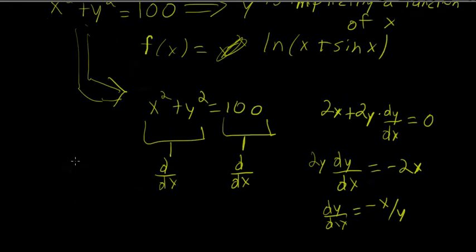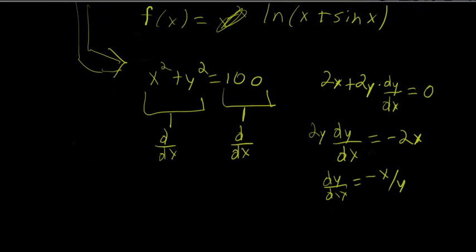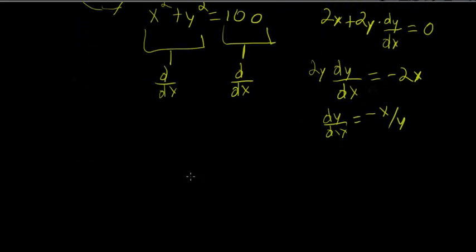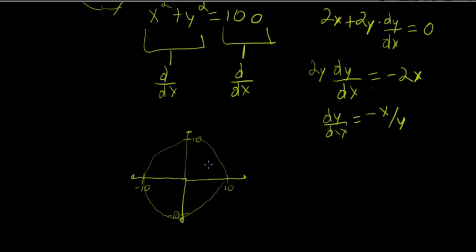Now let's see if this slope makes sense. We know that x squared plus y squared equals 100. It's going to be a circle centered at the origin with radius 10. So we basically have something like this, and we're checking points on the circle.